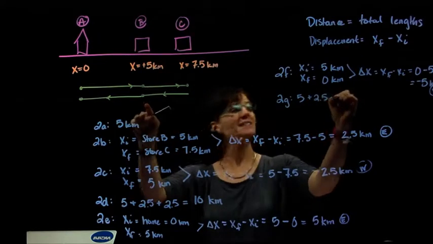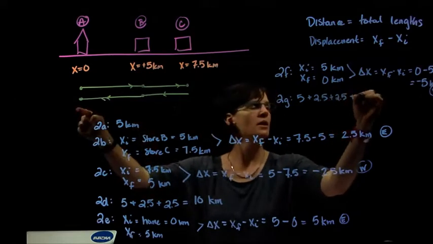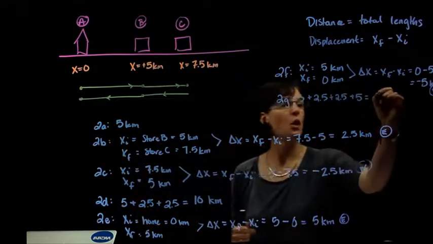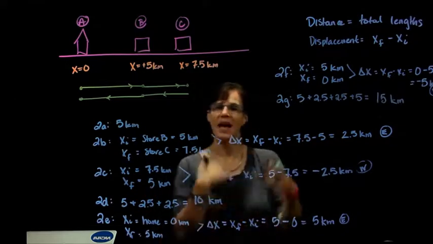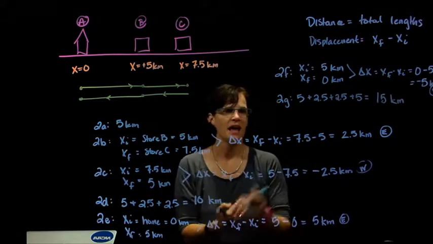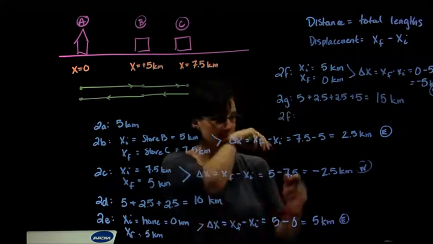She went back to 5, another 2.5 kilometers, and then she went home, which was 5 kilometers. And so we see that she had a total distance of 15 kilometers, adding up every step of the process, all of the path. And finally, what is her total displacement?